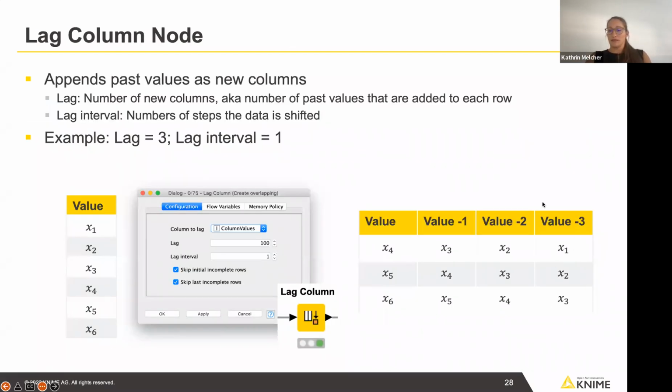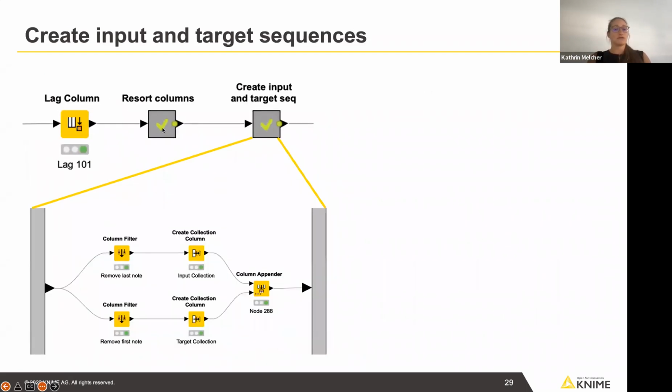The only thing that we need to take care of now is that this first value is actually on the right-hand side, and we need to have it on the left-hand side. So in this Resort Columns meta node, we resort all the columns, and then we can create, based on these sequences, our input and target sequence, which happens in this meta node here, where we remove the first or the last note so that we have these overlapping sequences.